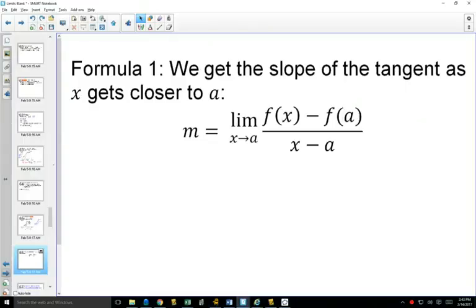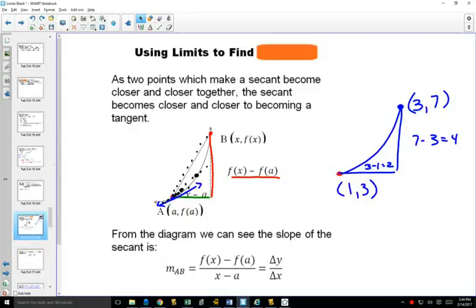Going back to my diagram here, what I want to do is bring this x value as close to that a value as possible. And if I do that, the limit will be whatever the slope of my tangent is.